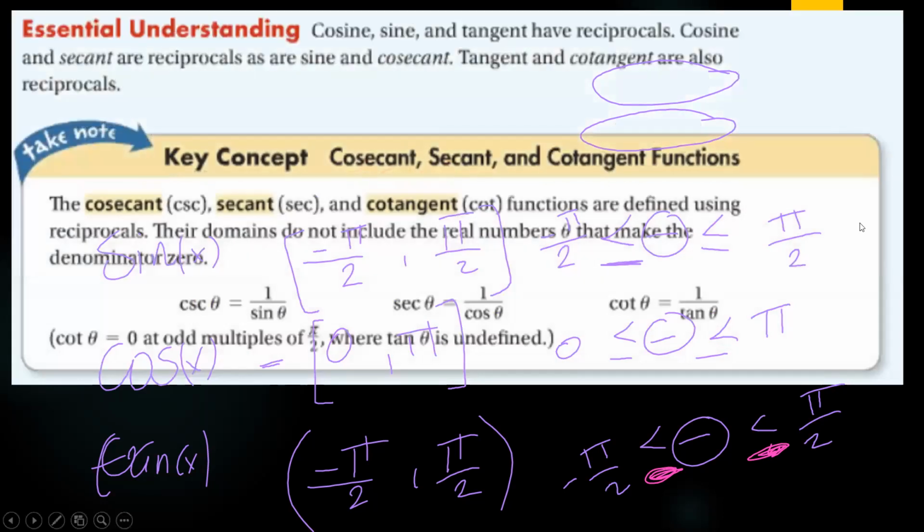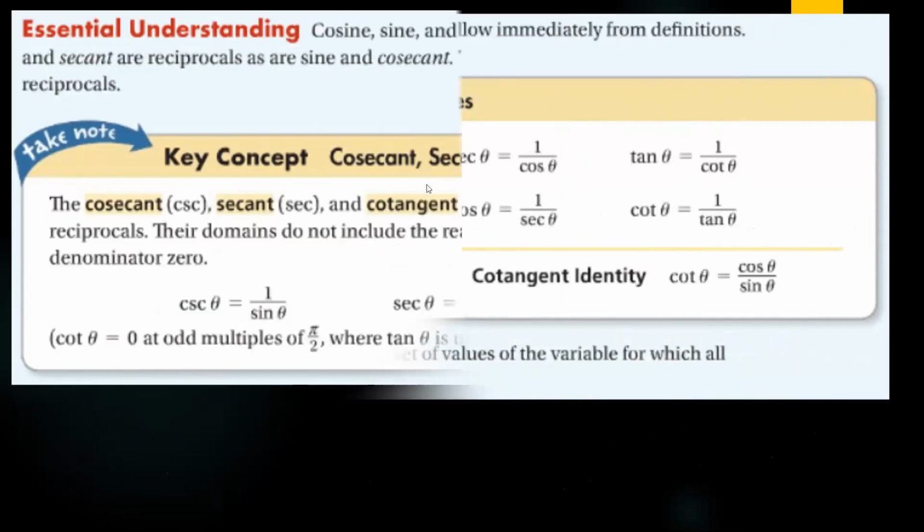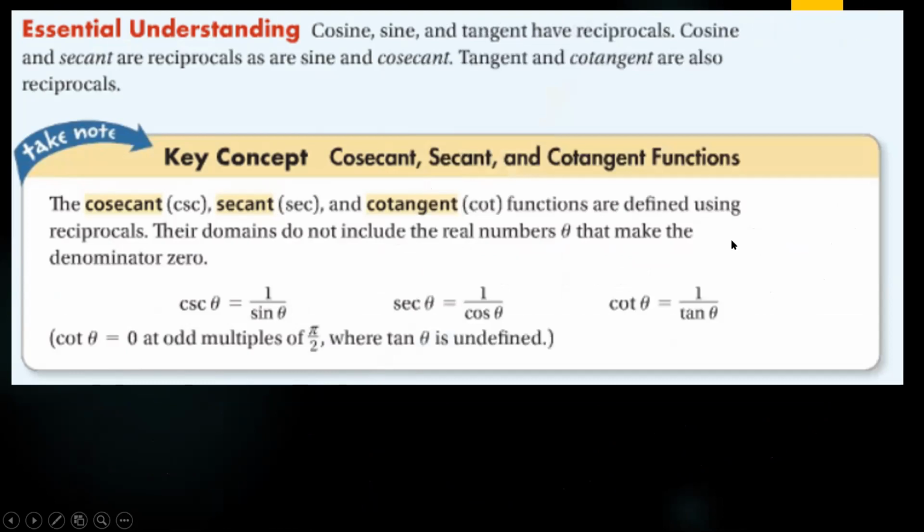Now, I told you we have 6 basic functions. The first 3 are sine, cosine, and tan.